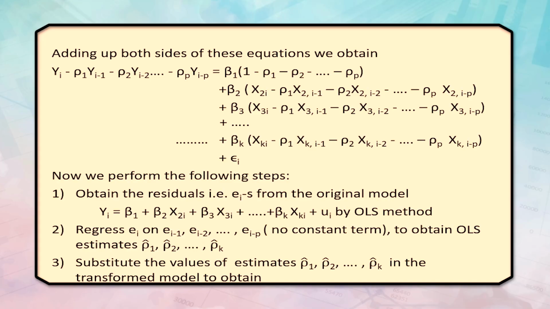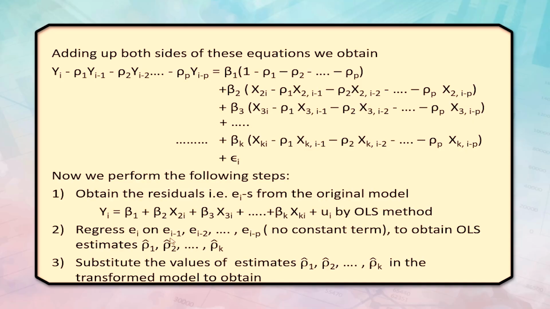So, from the mother model in step 1 we obtain e_i's. In step 2 we regress e_i on e_(i-1), e_(i-2) up to e_(i-p). The reason is the model is u_i regressed on u_(i-1) through u_(i-p), but the u terms are not observable. So, proxy for those are the errors of estimation, the e_i terms.